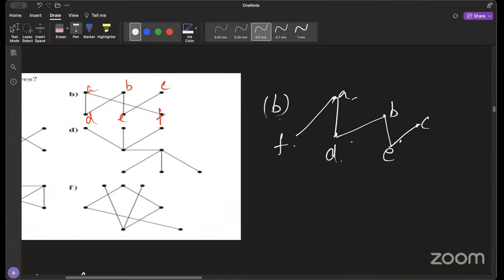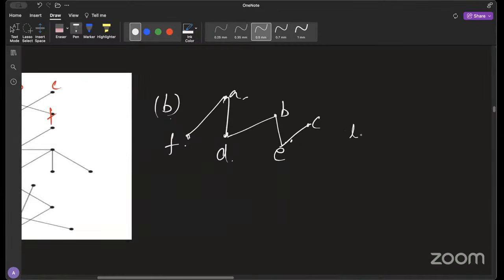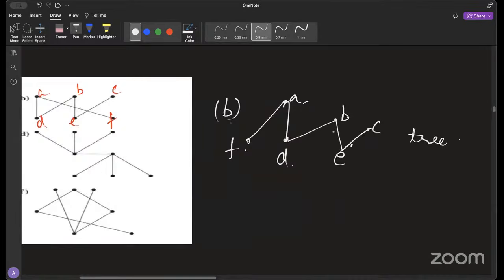So this is a connected graph. This graph is simply this, and it is minimally connected, so it's a tree. We can't remove any edge further, as that would result in a graph that's not a tree.